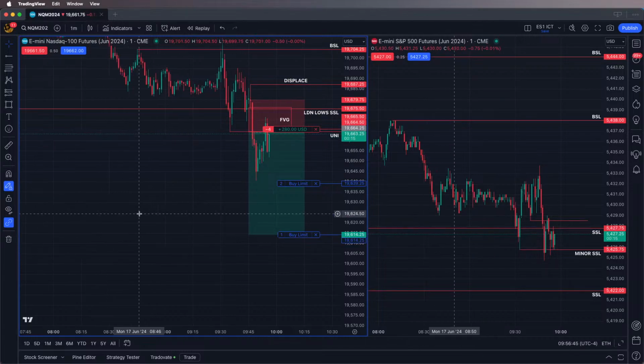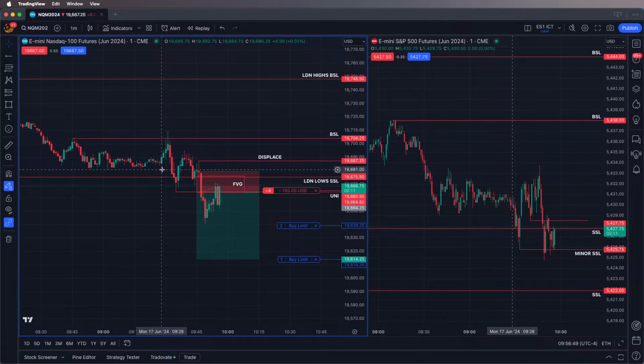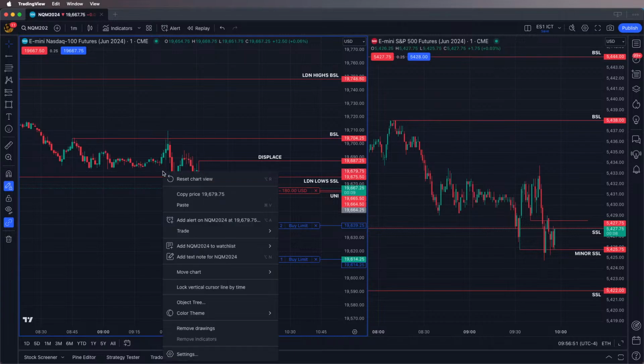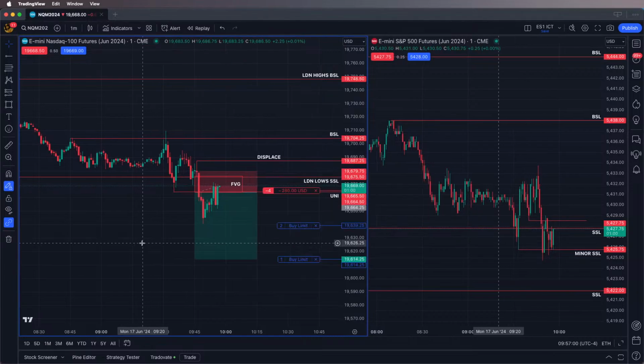Final TP is quite far away, because we're running at these equal lows, and then the stop is at this level here. Order filled.